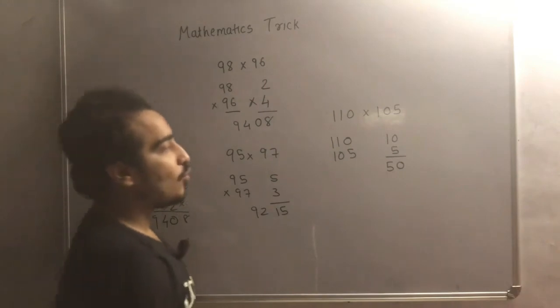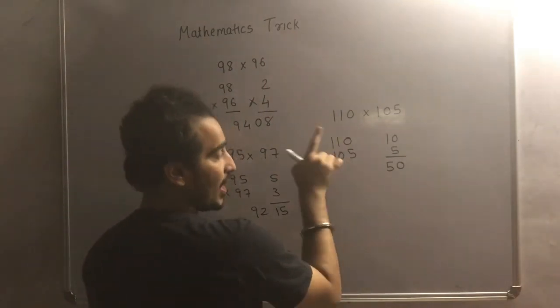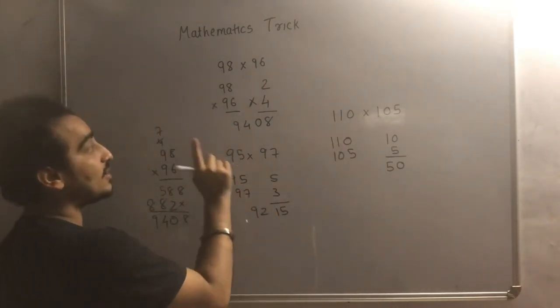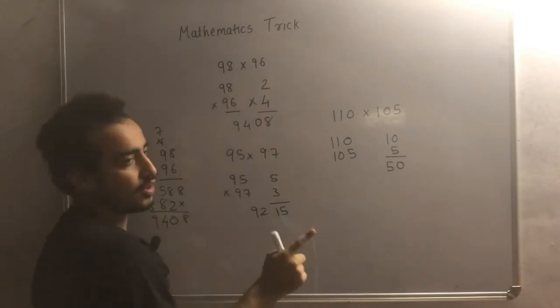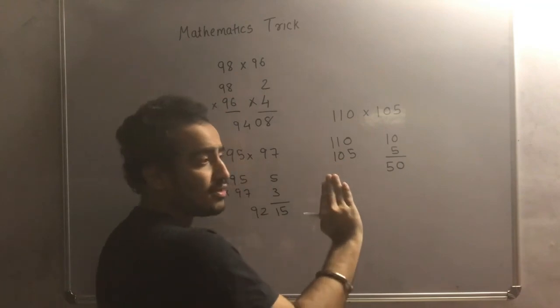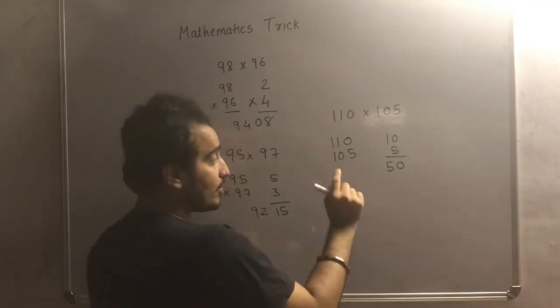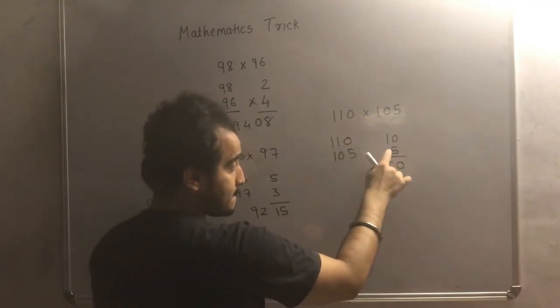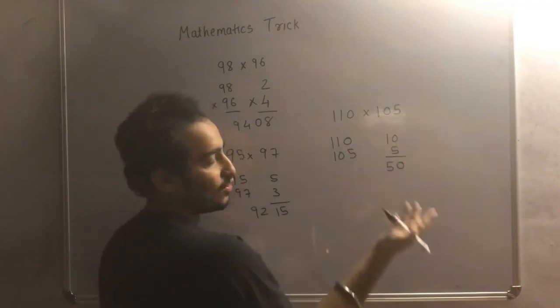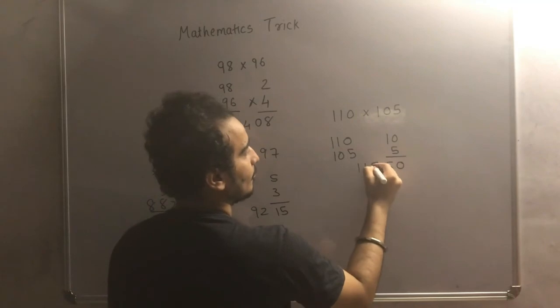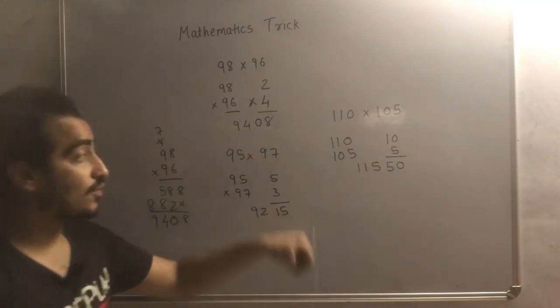Now, instead of subtracting as before, if the number is more than 100, we have to add: 110 plus 5 is 115, and 105 plus 10 is also 115. So the answer is 11550.